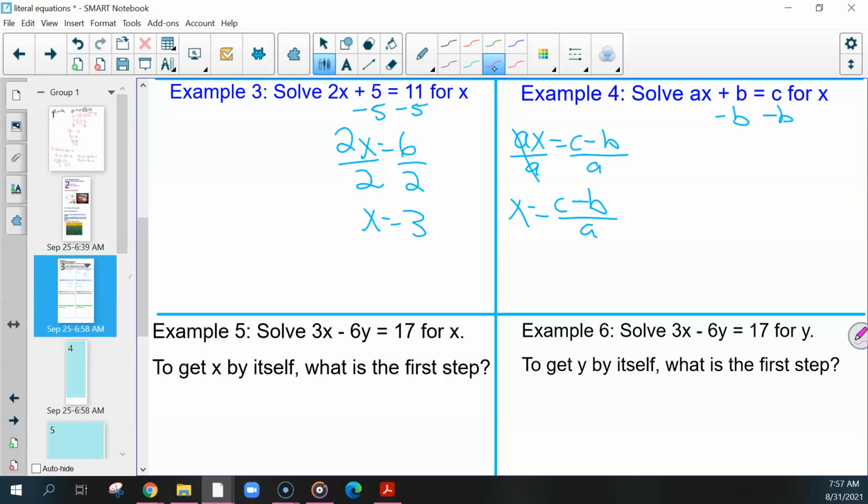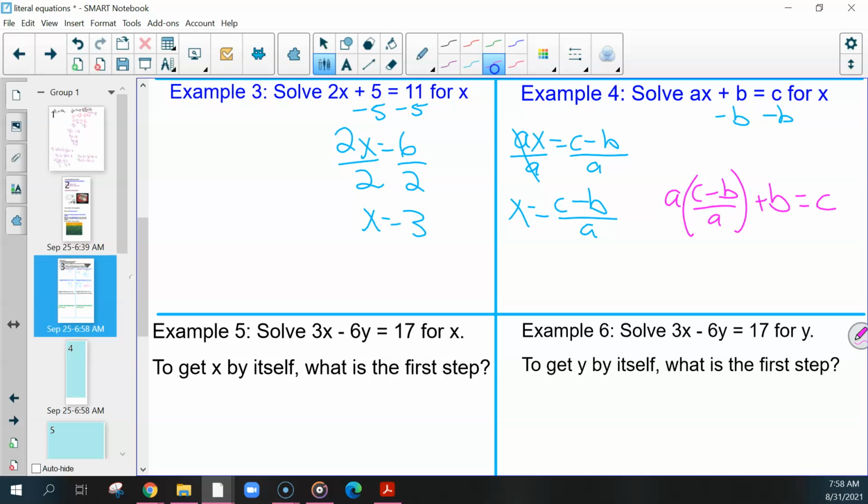I'm going to again go back and put the check in. And again, this gets more complex the more you're solving for stuff. So where x is in the original equation, I'm going to put c minus b over a. If at the end I get C equals C, then this works.